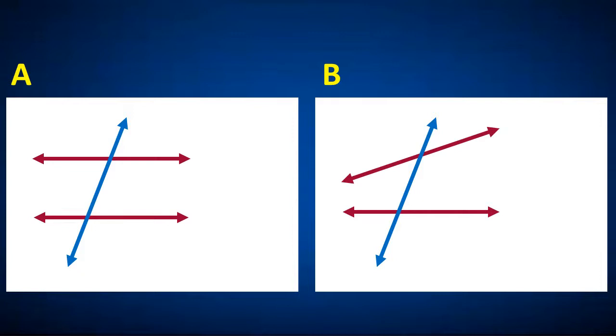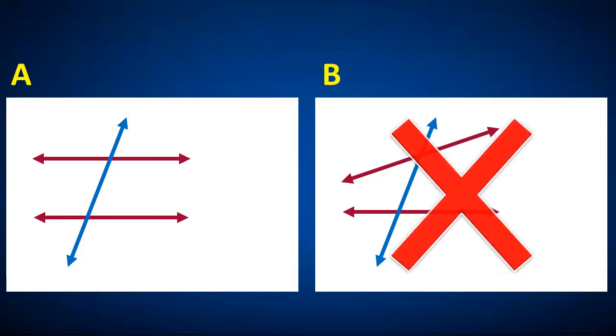As I mentioned, special angle relationships when the lines are parallel. So, which do you think between A and B is our topic applicable to? Is it applicable to A, to B, to both A and B, or none of them?